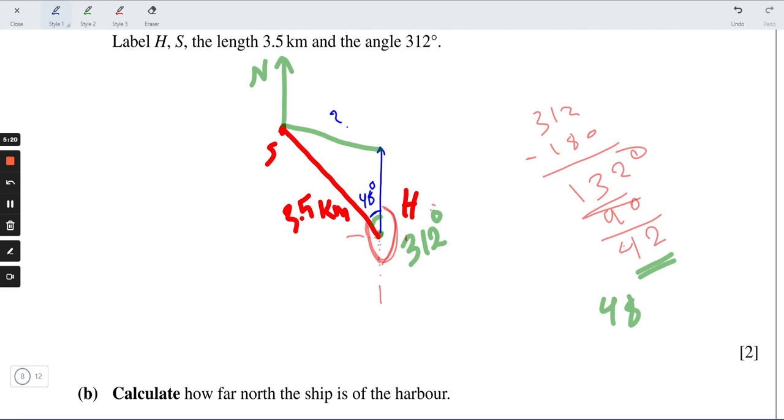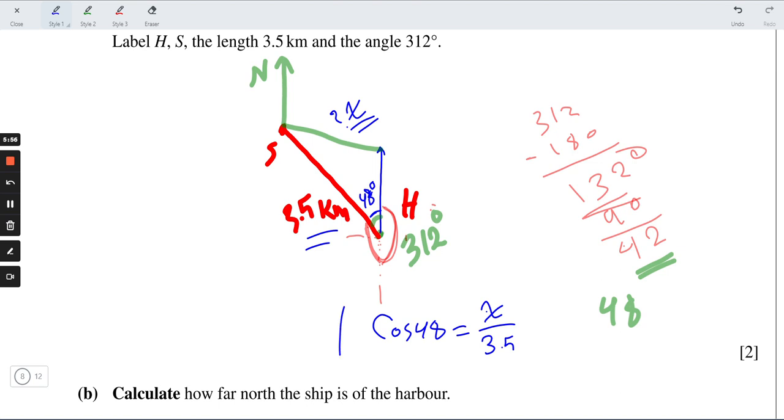So you could use sine, and you could say cosine 48 degrees equals adjacent over hypotenuse, adjacent, which is x, over hypotenuse, which is 3.5.